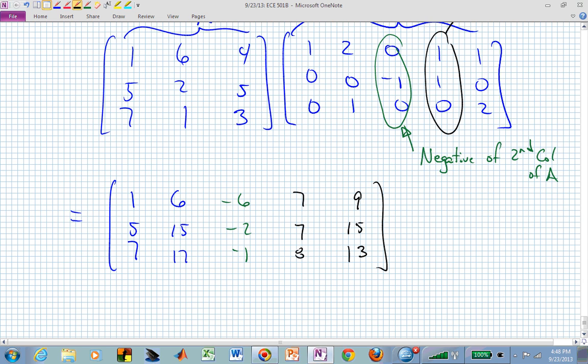Meaning, if you looked at this, you could say, whatever's going to happen, I'm going to be living in this space that's consistent with the direction of the first column and some of the third column.